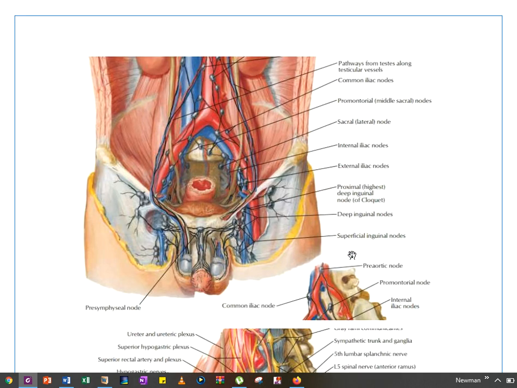Again, with this image, I'm trying to mention some of the lymphatic drainage of the penis and scrotum, which is different from the lymphatic drainage of the testicles that we saw. You can see that the main lymphatic drainage of the penis and scrotum is right here at the deep inguinal lymph nodes and superficial inguinal lymph nodes, which shows that there is a difference between malignancy of the scrotum and malignancy of the testicles.